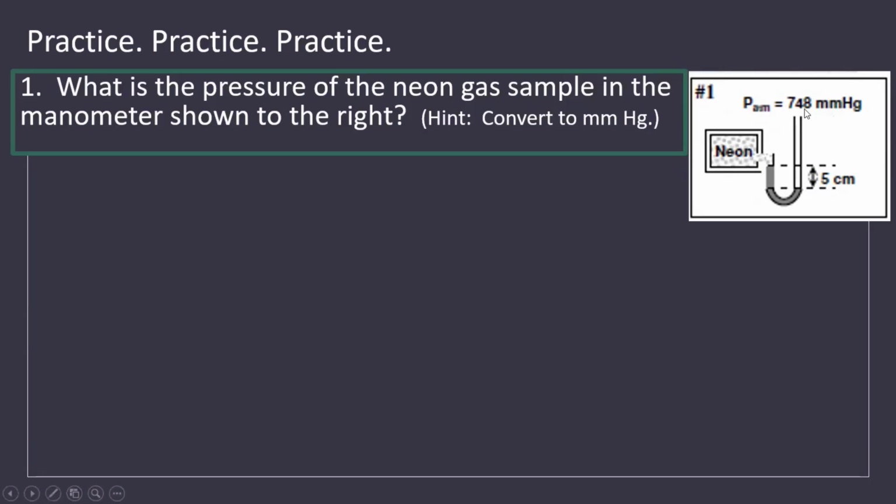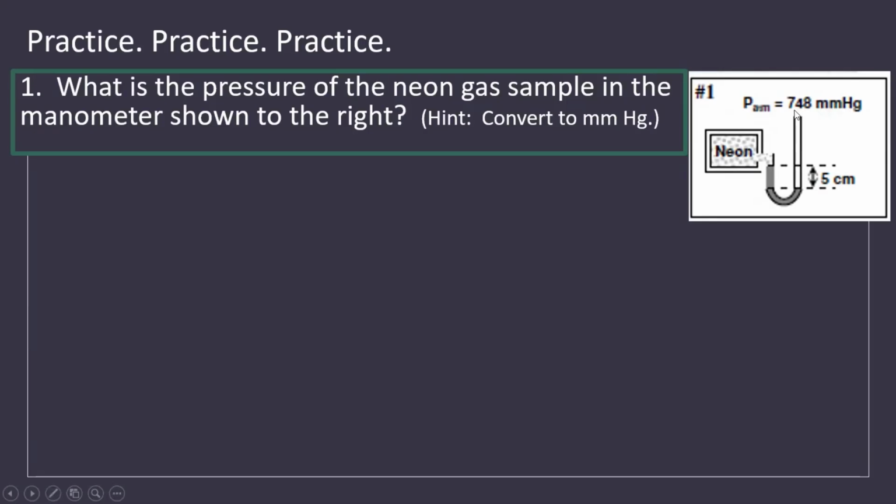The air pressure outside is 748 millimeters of mercury. So we've got the outside air pressure pressing down, and the gas sample pressing down also. Which one is winning? The outside air pressure is winning, and the neon gas is less.